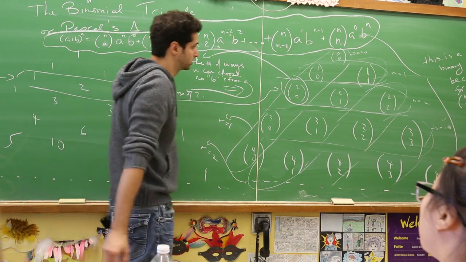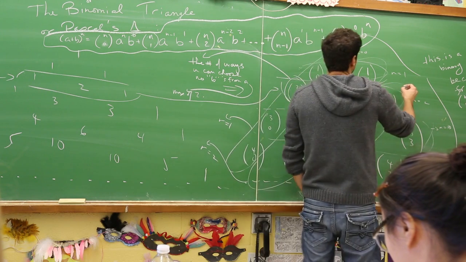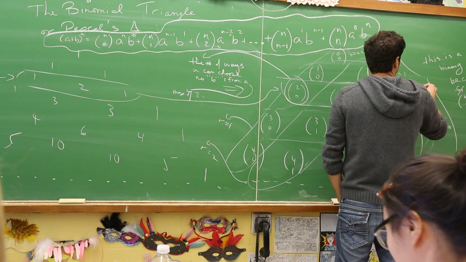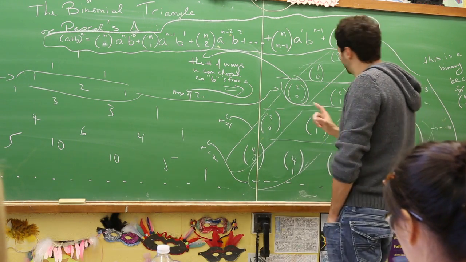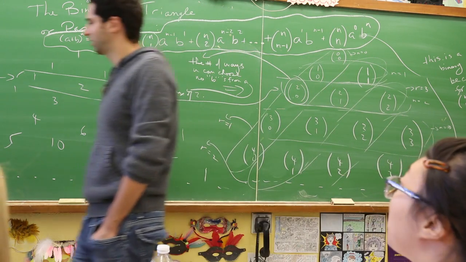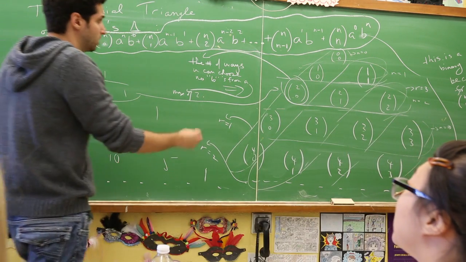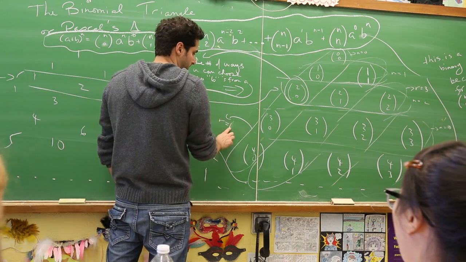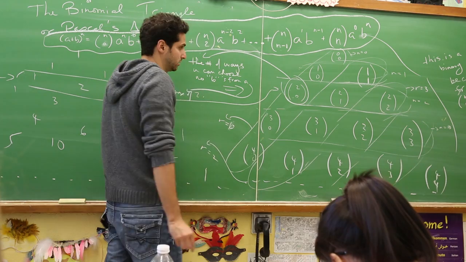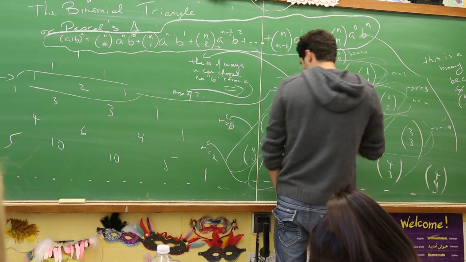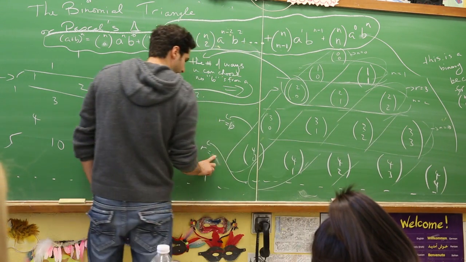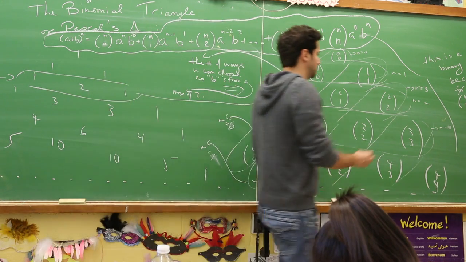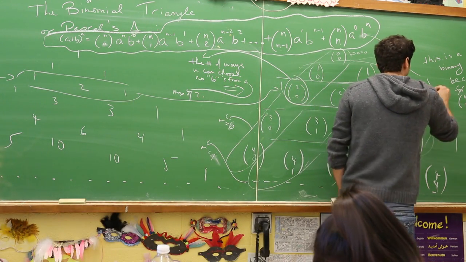Position 2, or r equals 2. Or actually, you have to be careful. Maybe they start with r0. No, this is r0. Yeah. This is r1, right? Because take a look at those numbers at the bottom. Those are 0. So this is r0. This is going to be r1. This is going to be r2, and so on and so forth.